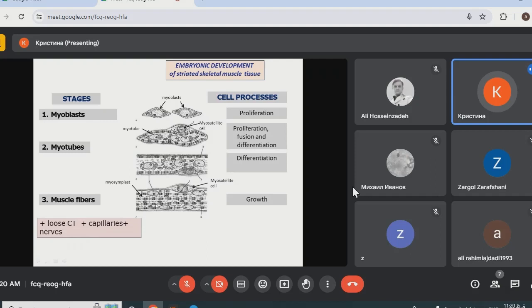And all the rest, the inner space of the myosymplast, is filled with myofibrils, a lot of myofibrils, with all other organelles between these myofibrils. Myosatellite cells stay very close to the myosymplast to form the muscle fiber.